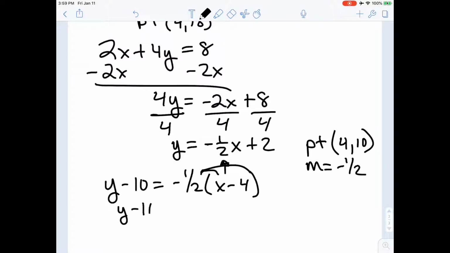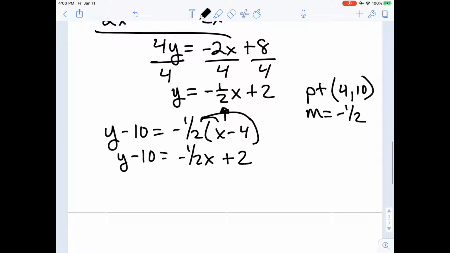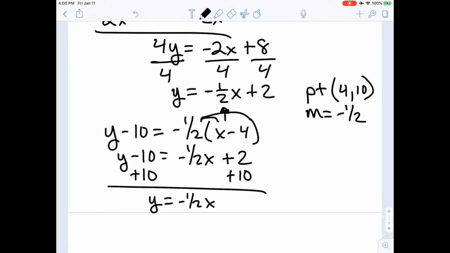So y minus 10 equals negative 1/2 x. Now, negative 1/2 times negative 4 is positive 2. If you don't know how to do that, put it in the calculator, and there will be a video on how to do that in a little bit. So now you can add 10. If you add 10, you have y equals negative 1/2 x plus 12, and that is your solution.